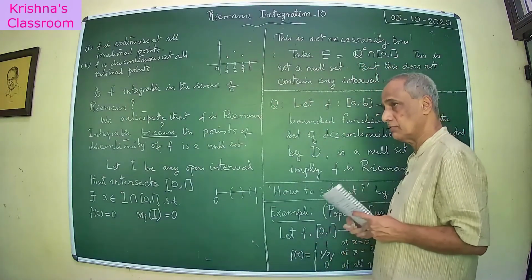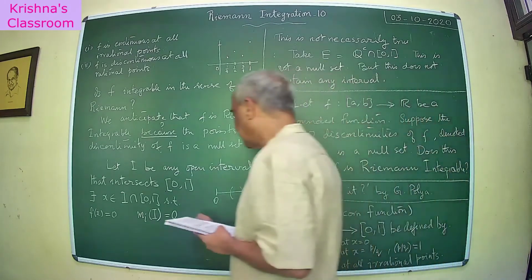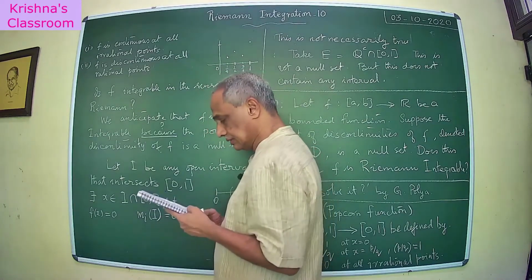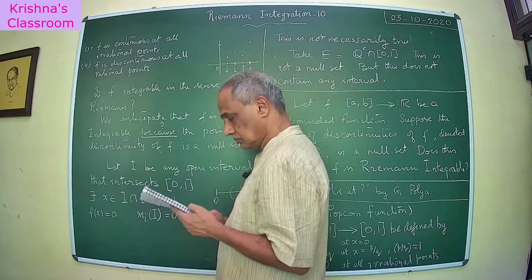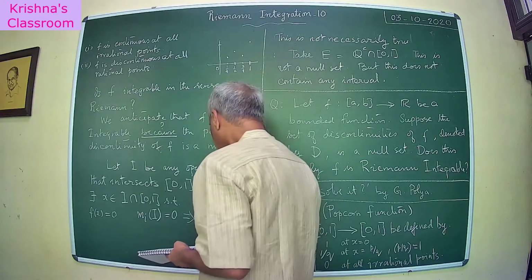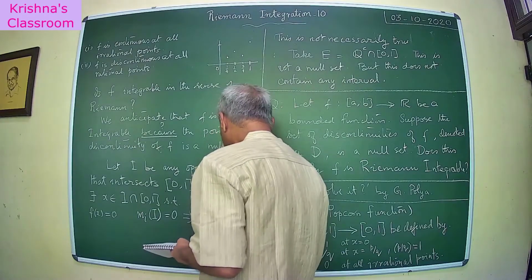The greatest lower bound of the function is 0. And consequently, this also means that L(P, f) is equal to 0.